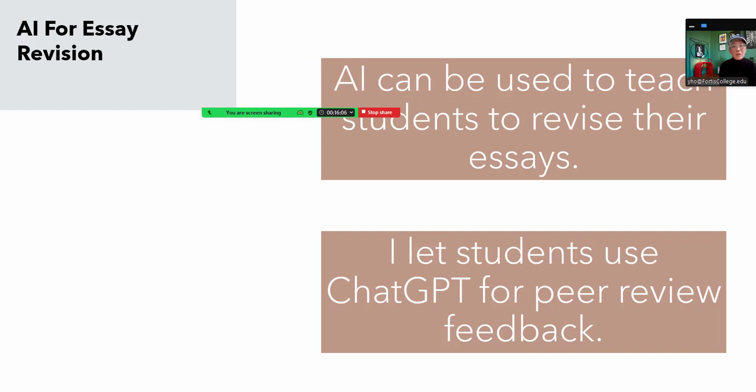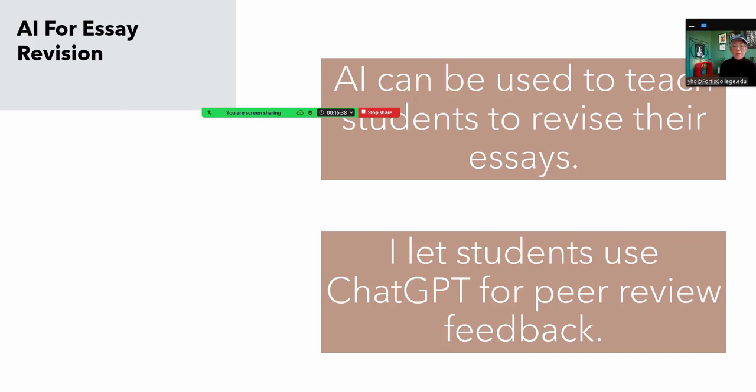AI can be used to teach students to revise their essays. I let students use ChatGPT for peer review feedback. So if you're in my ENGL 101 class, you know exactly what I'm talking about, because I introduce AI when I have students post their rough drafts to the forums, and then I assign students to peer review each other's papers.